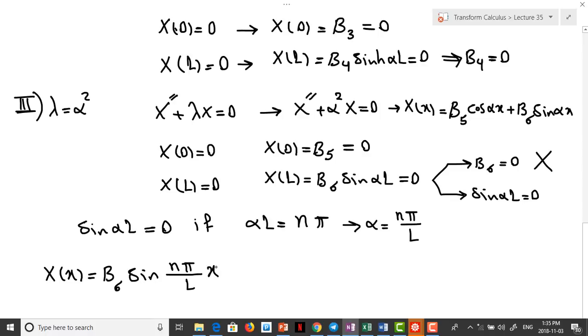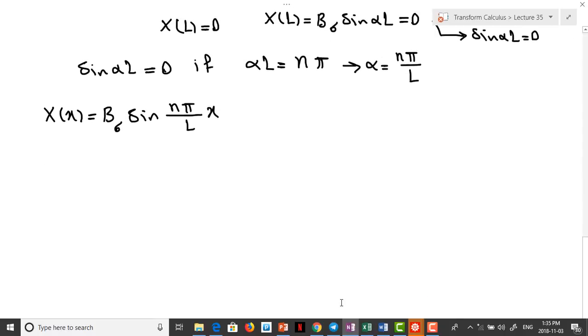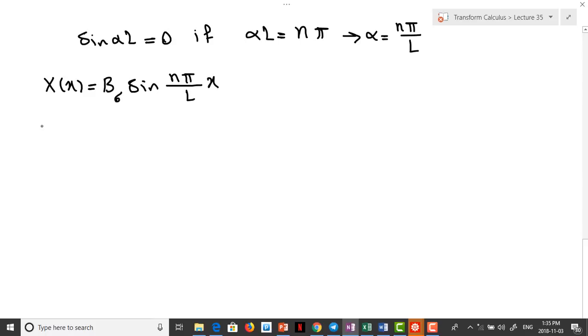So we could find X of x when lambda is a positive number. We know that lambda is equal to alpha squared here, and alpha is equal to n pi over L. So we have n squared pi squared over L squared.